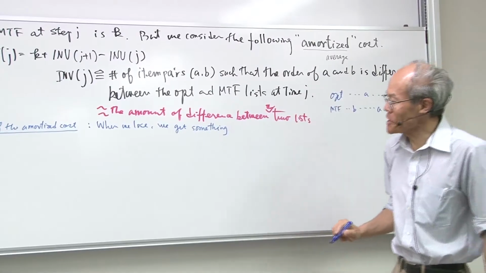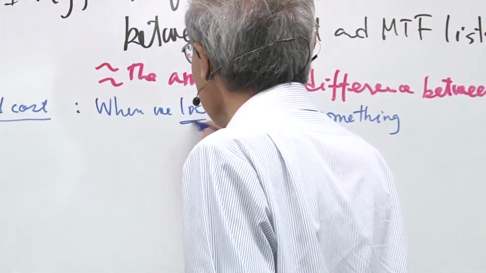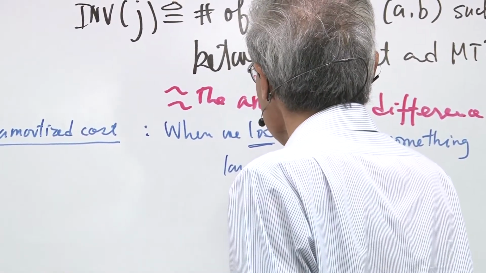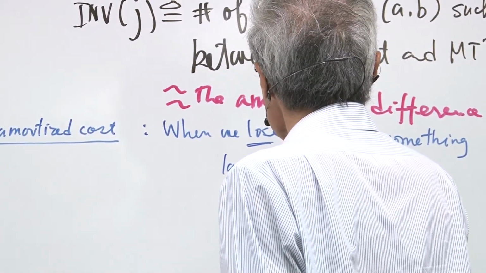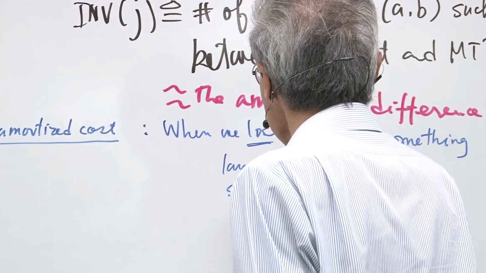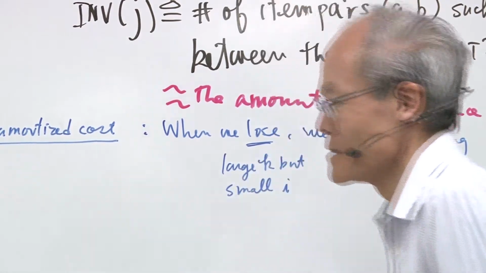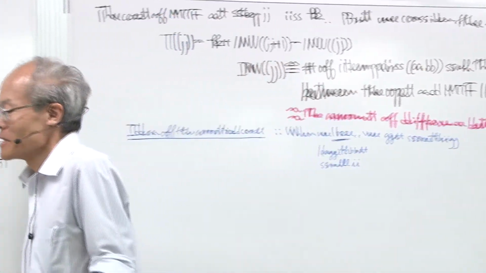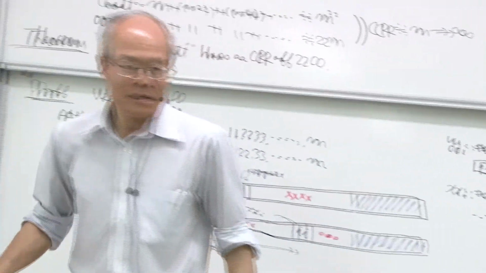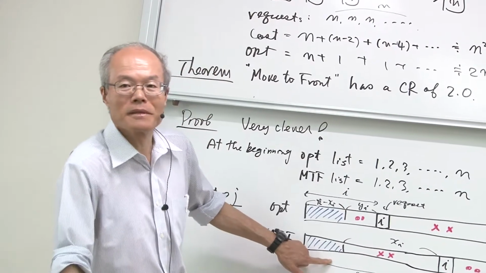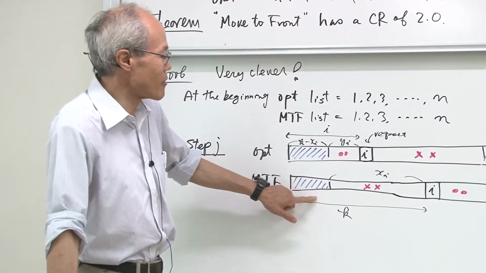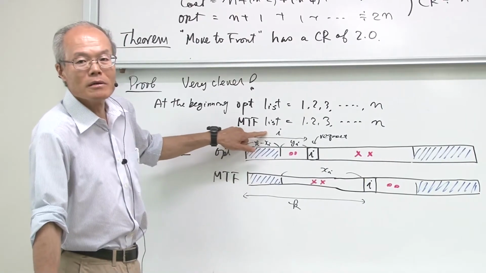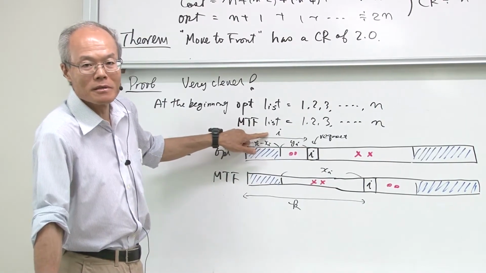When we lose means large K but small I. K is the cost of our algorithm, and I is the cost of opt.